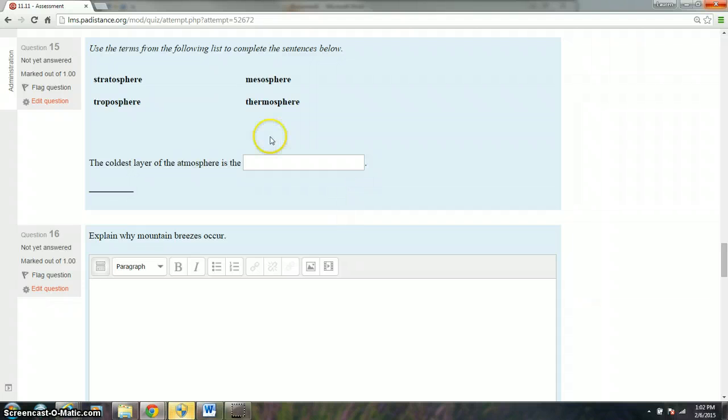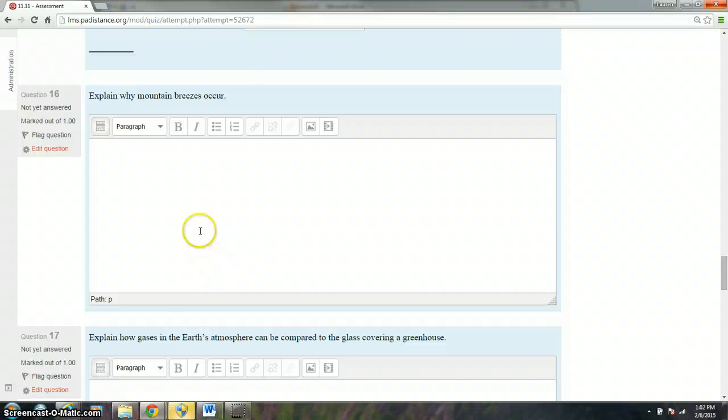Question 16 is an open-ended question. Please make sure to use full sentences and explain your reasoning.